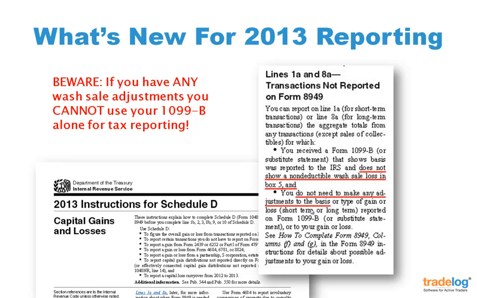But for most of you who are active traders and investors, you have wash sales, you have other adjustments. You cannot use lines 1A and 8A. And be very leery if you're getting advice from someone that says you can, because you need to make sure and check out these instructions, because we're seeing a lot of bad advice going on out there about this topic.